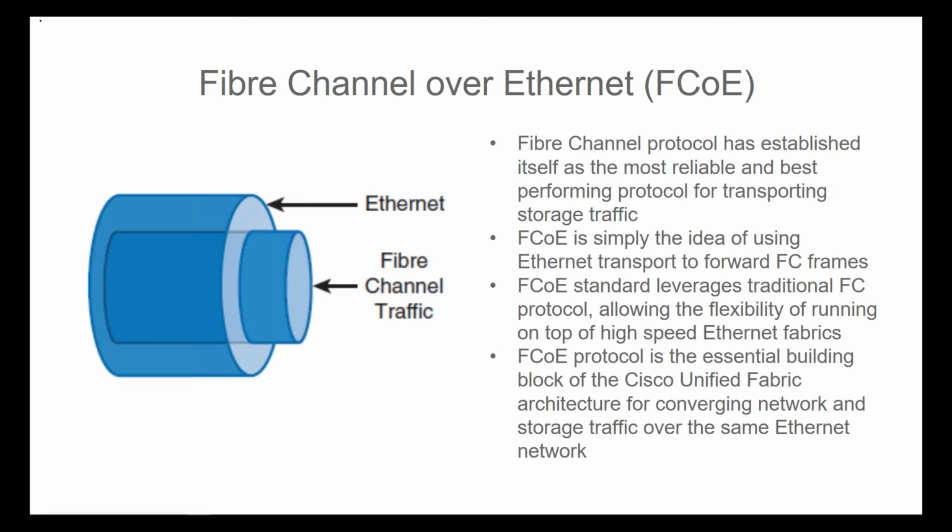Fibre Channel over Ethernet simply uses the Ethernet transport to forward the Fibre Channel frames across the unified fabric. The FCoE standard leverages the traditional Fibre Channel protocol, but allows it the flexibility of running on top of high-speed Ethernet fabrics. It's an essential building block of the Cisco Unified Fabric architecture for converging network and storage traffic over the same Ethernet network.